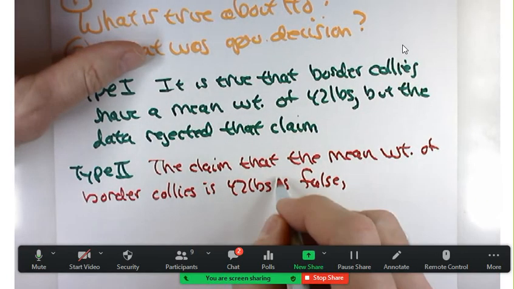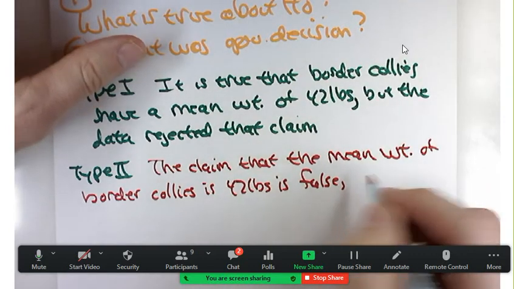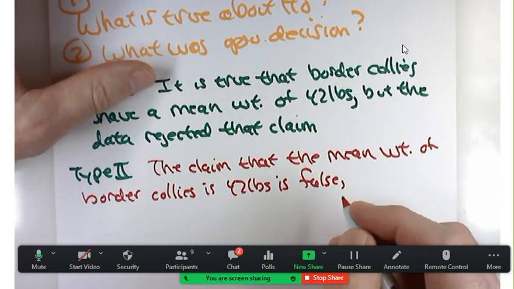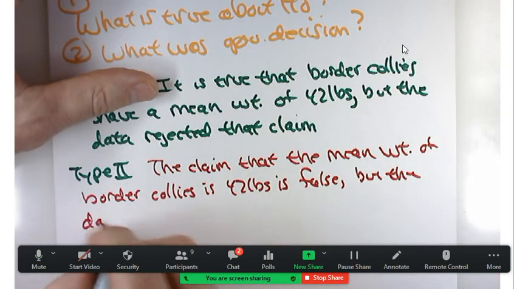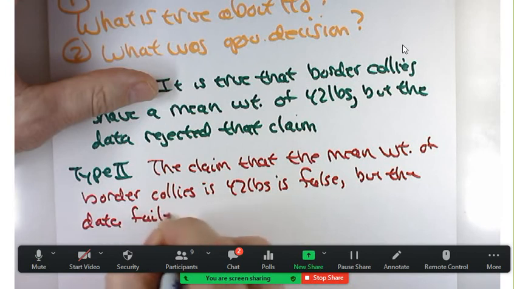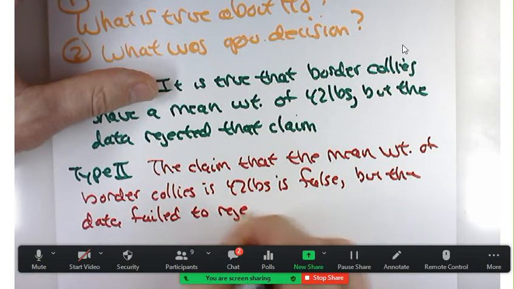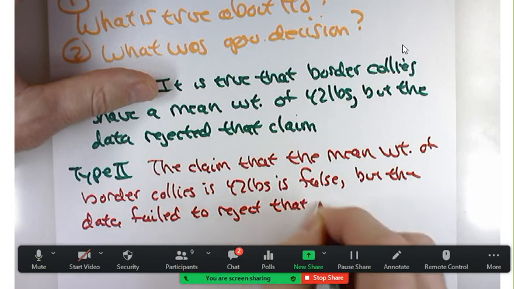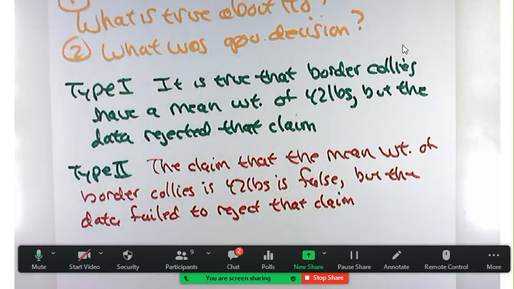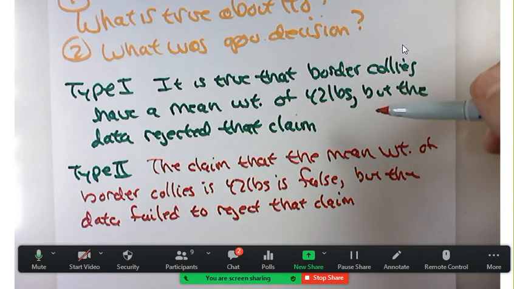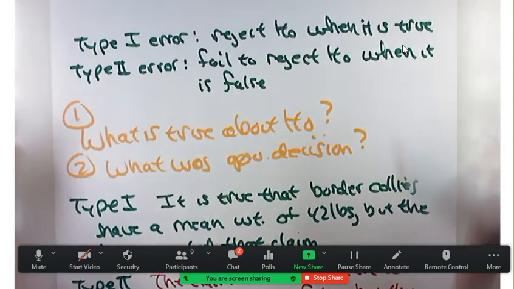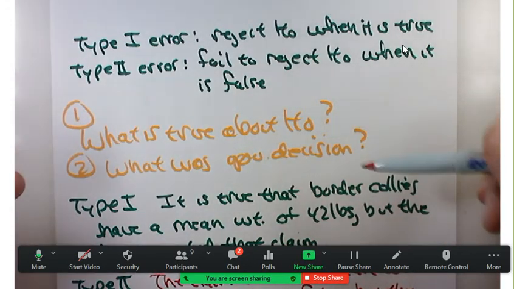It's false. But that's the truth about H naught. Now, what was our decision? Our decision was we failed to reject that. So, but the data failed to reject that claim. And nowhere in here did I use the word hypothesis, null, or alternative. I didn't give you a definition. This is just describing in words what happened. Okay? And there's two things that I want. I want you to tell me what's true and what your decision was.